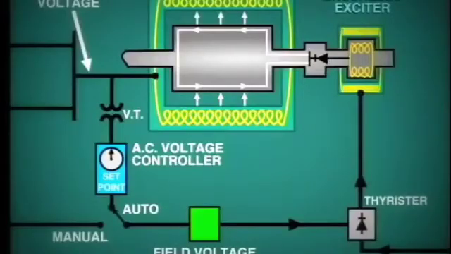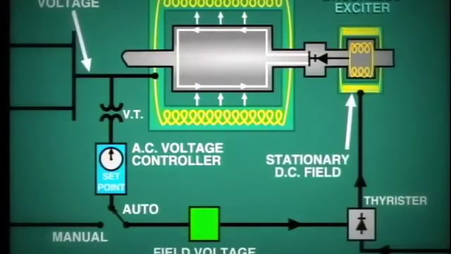In this exciter, a stationary magnetic field is provided from the DC winding which is wound on the stator. The rotor winding produces AC voltage, and this is fed directly into diode-type rectifiers which are built into the shaft. So we have, in effect, a rotating rectifier.